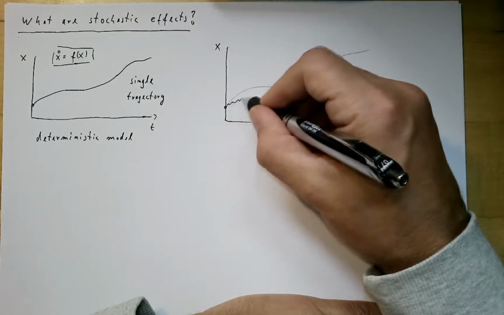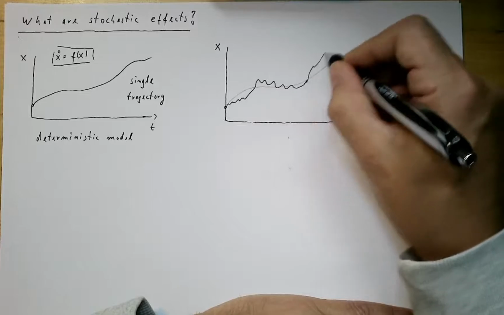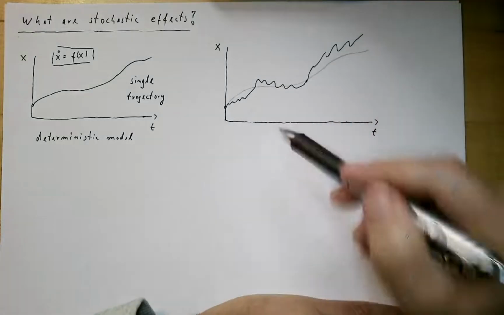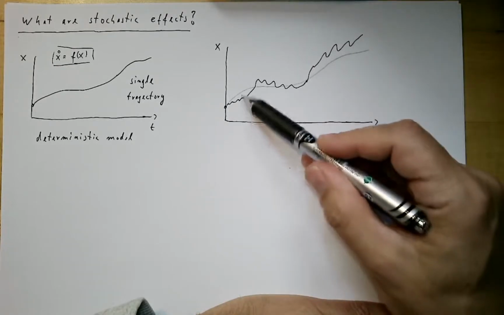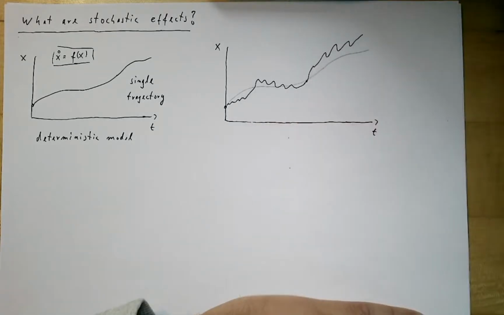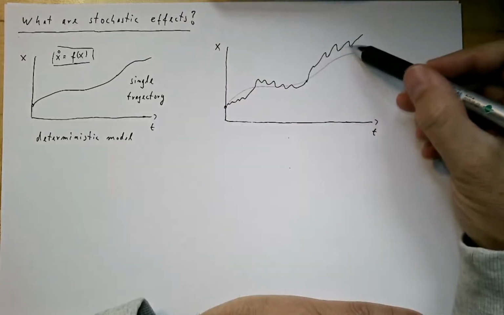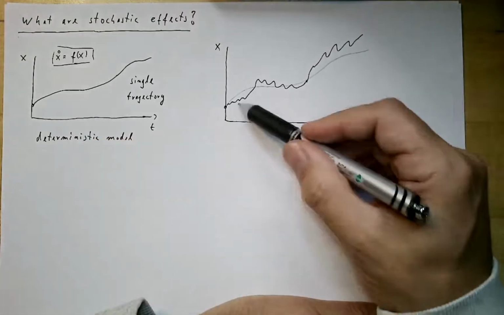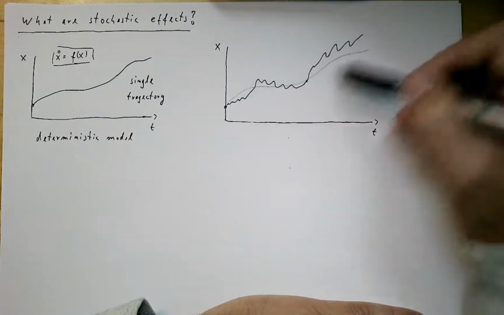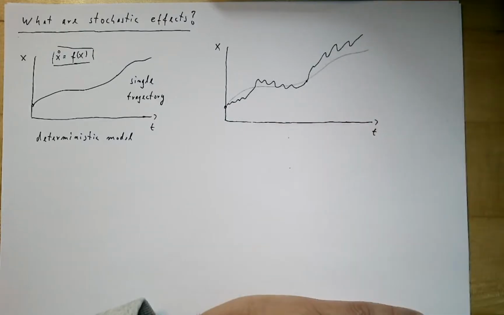And then maybe we see something like this, that the outcome of the experiment maybe resembles the model, but we see some deviations. And so we say, okay, there's some stochasticity. So we have the deterministic solution if we have a good model, and the reality is a little bit deviating from this.